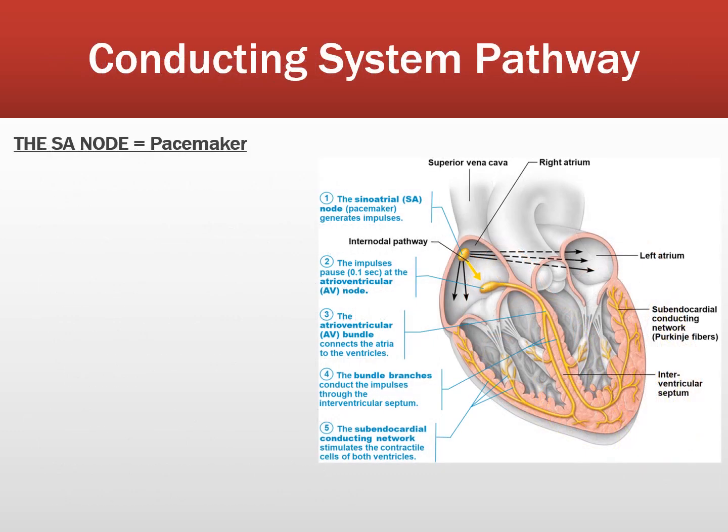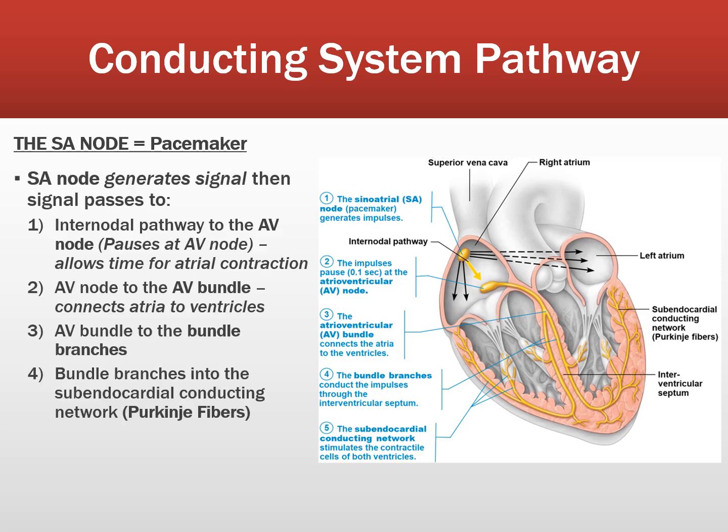If we look at the pathway of this conducting system, we start in the SA node, our natural pacemaker of the heart. The SA node generates that very first signal, and then it disperses out through the right atrium, even over to the left atrium.